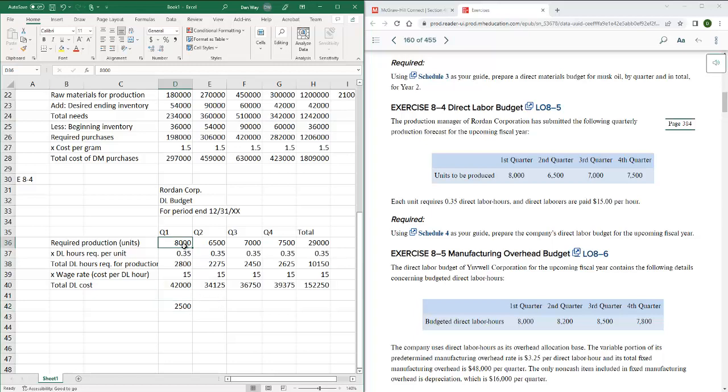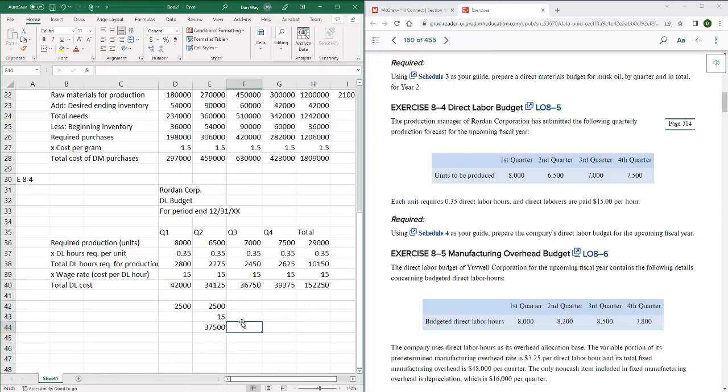So in this example, Q1, we wouldn't have to change anything, but Q2, we'd have to bump this up to 2,500 hours times $15 and get a new labor cost of $37,500 rather than the $34,125. Okay, so we could certainly have contractual obligations of that nature.